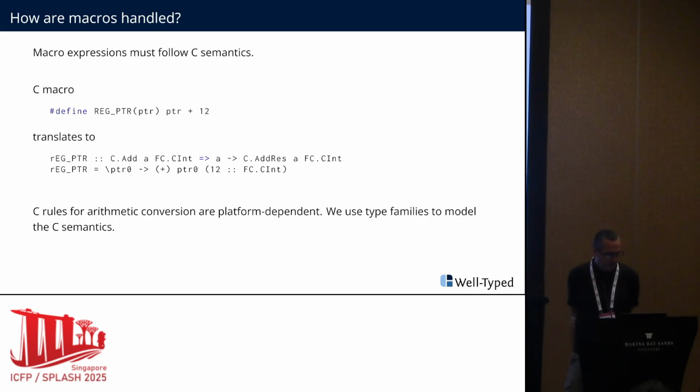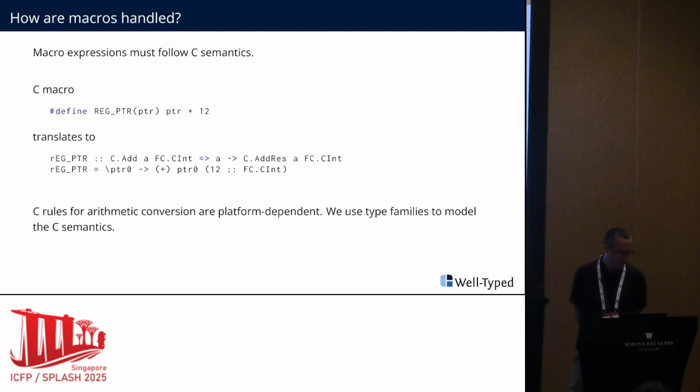And then expressions are much more complicated. In this example, we have a C macro that defines a function reg pointer that takes some argument named pointer and then adds some constant 12 to that pointer. The name of the argument indicates that this is probably a pointer, but it's not typed. So in Haskell, we need to generate an appropriate polymorphic function that's a translation of this C function.